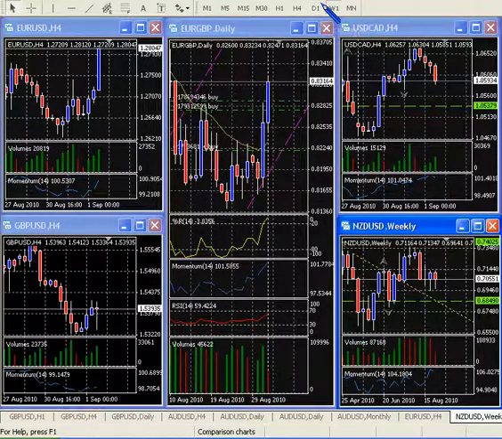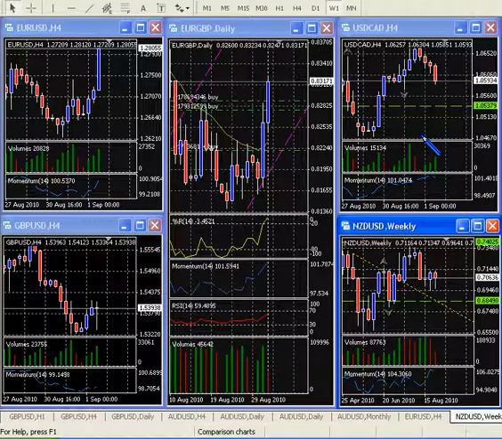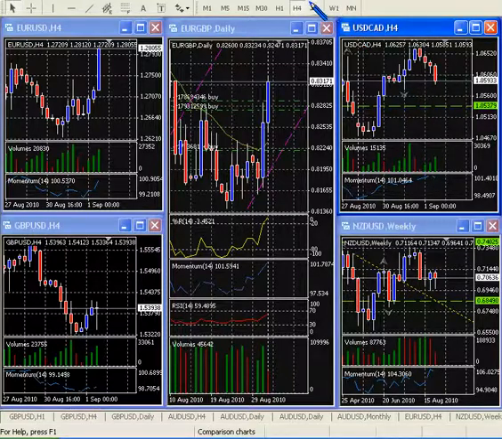Looking at it on a weekly basis, this formation would simply move higher in the near term with a possible low of 0.6964. However, we do anticipate that this movement is only a correction.